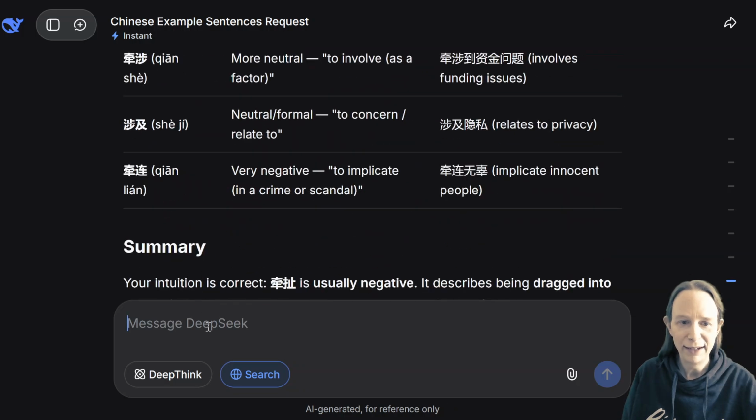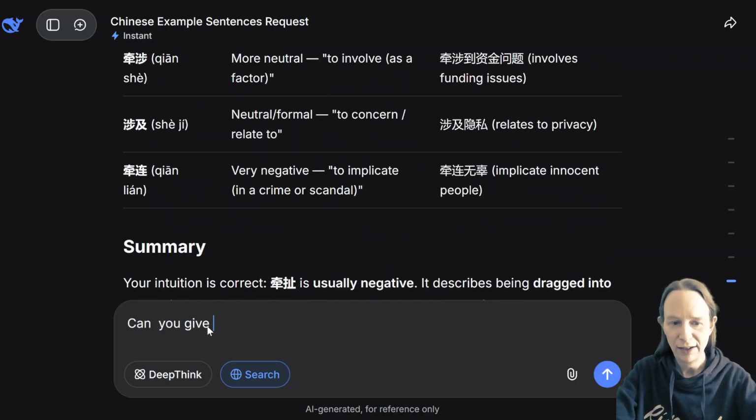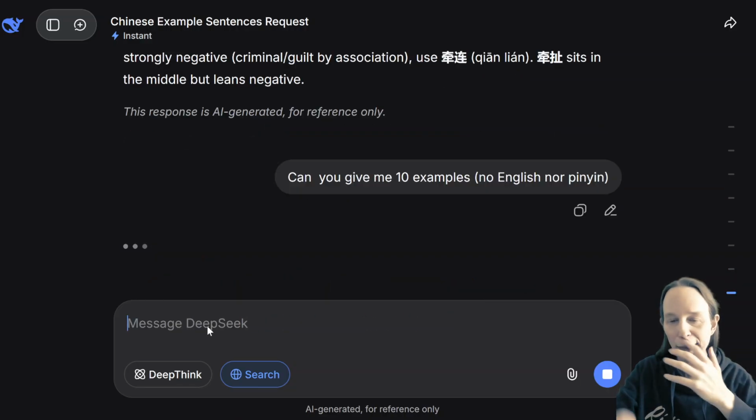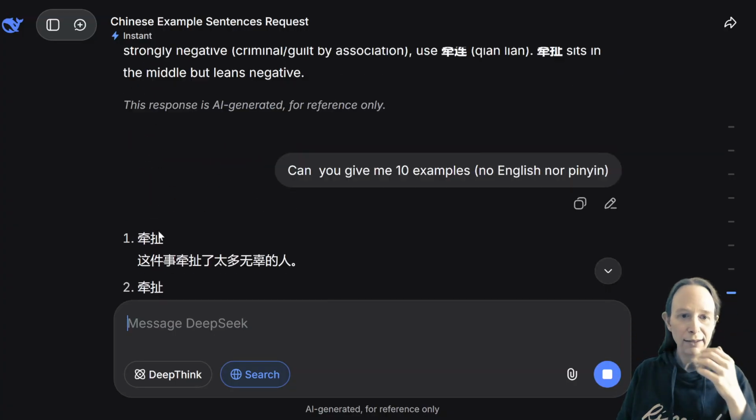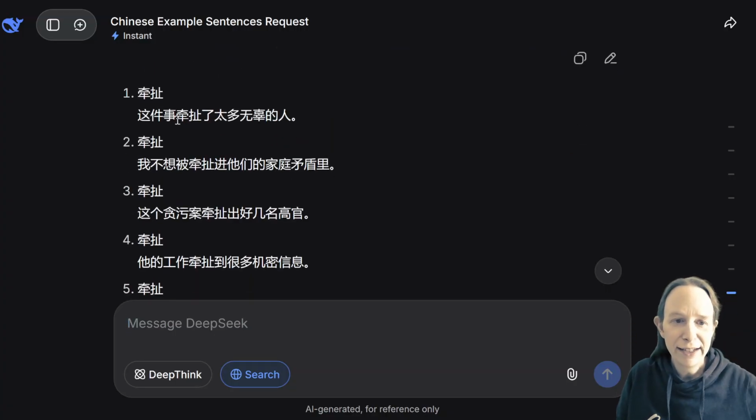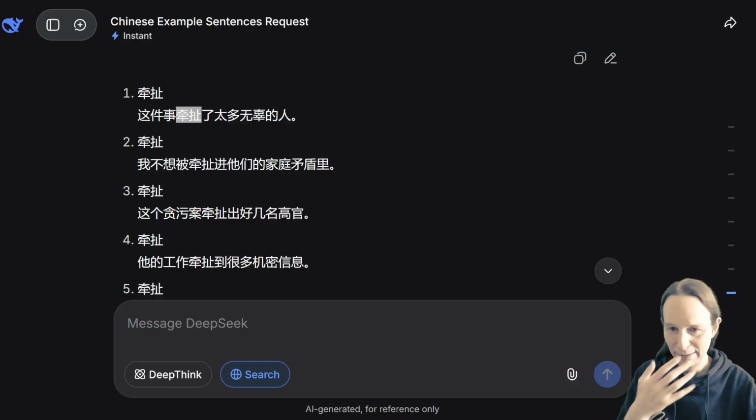All right, maybe I'll just ask, can you give me 10 examples, no English nor pinyin? Let's just have a quick read. 这件事牵扯了太多无辜的人, but it involved too many innocent people. Yeah.